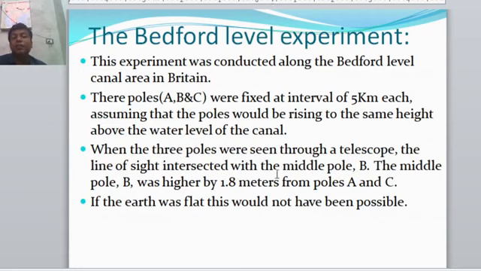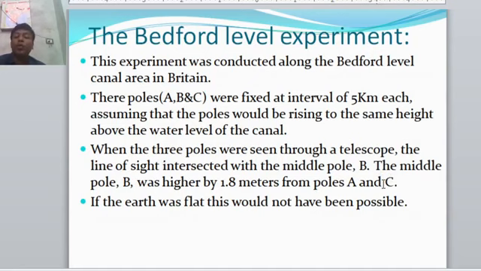When the three poles were seen through the telescope, the line of sight intersected at the middle point of pole B. The middle pole B was higher by 1.8 meters than poles A and C. This definitely shows that the Earth is curved. If Earth was flat, this would not have been possible.